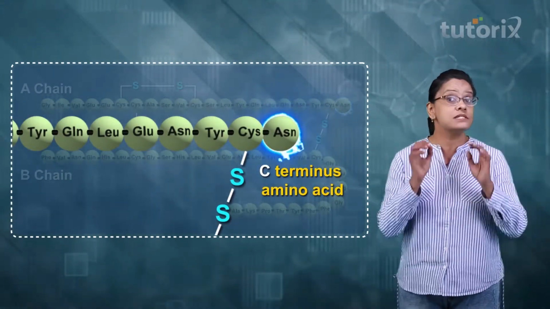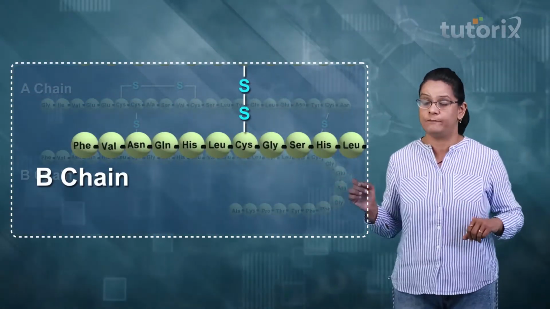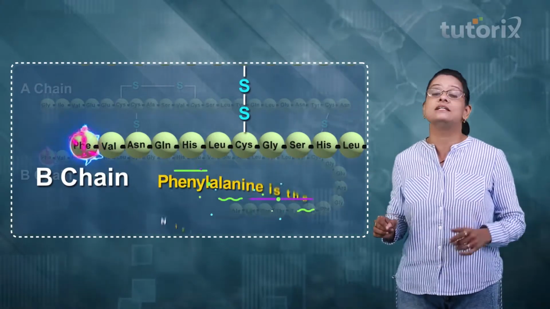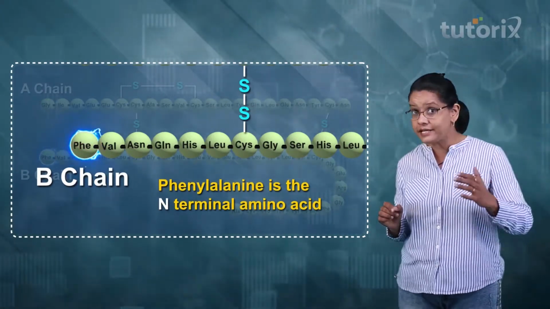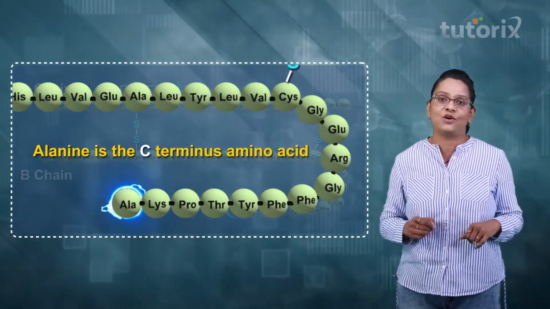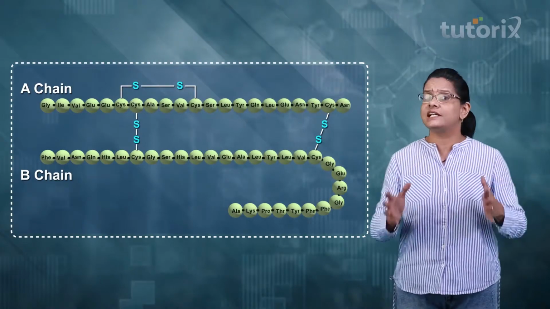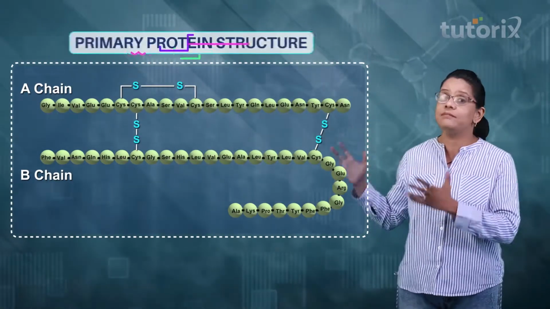While the sequence is different in the B chain of this protein primary structure. We can say phenylalanine is the first amino acid or the N-terminus and alanine is the last amino acid or the C-terminus. So with this we are pretty clear with what is the primary protein structure.